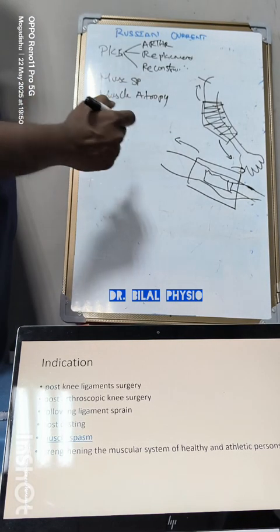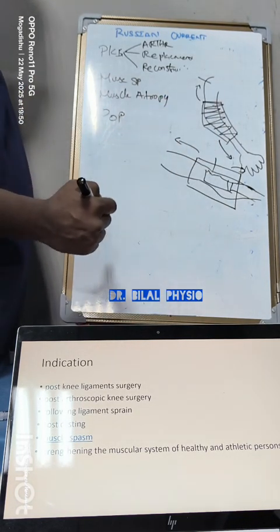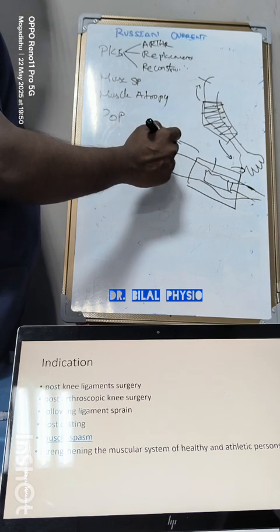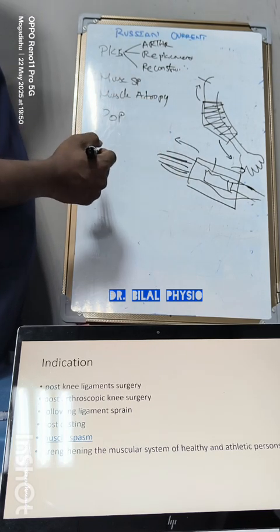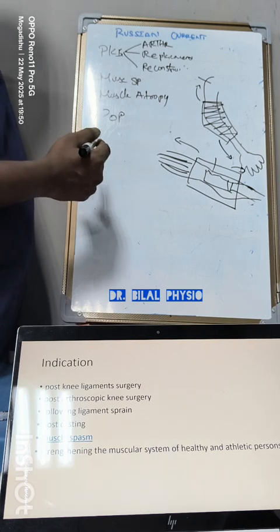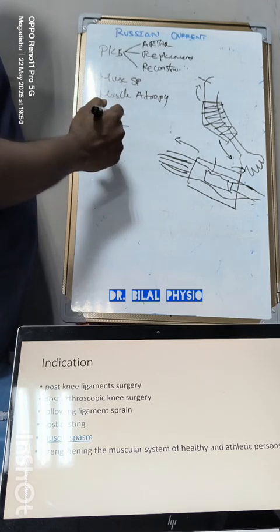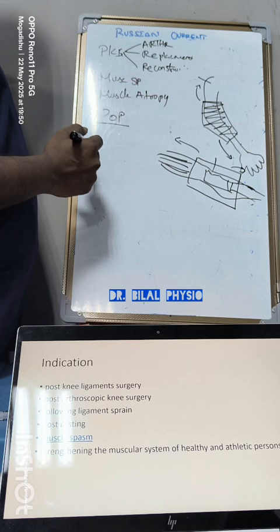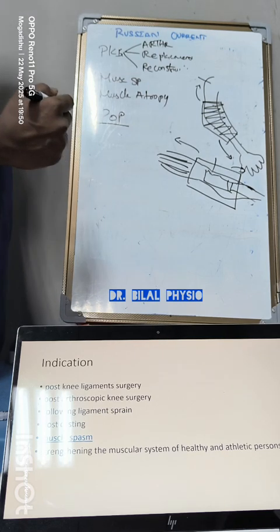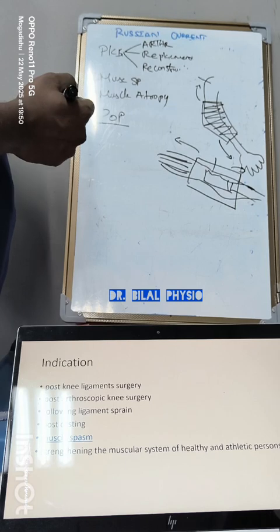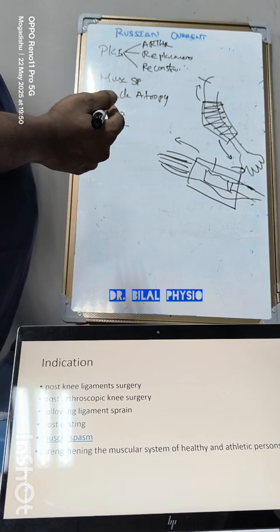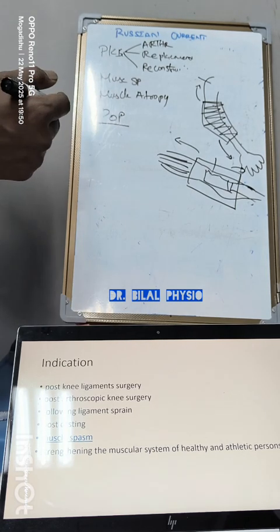So until the POP has been removed, we can apply the Russian current to maintain the muscle fiber, or to prevent the atrophy. We can use it for the POP casting patient. And as usual, we use it for strengthening the muscular system of the athletic person.